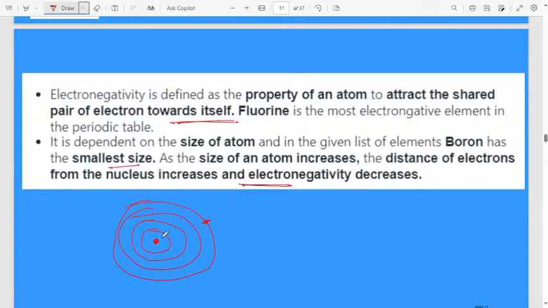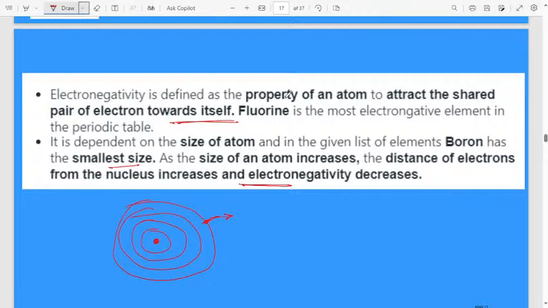The distance between the electron and nucleus is far. Therefore, you can take this electron very easily, because this electron is far from the nucleus, the force of attraction is less, and you can remove it easily. That's why electronegativity mainly depends upon the size of the atom.